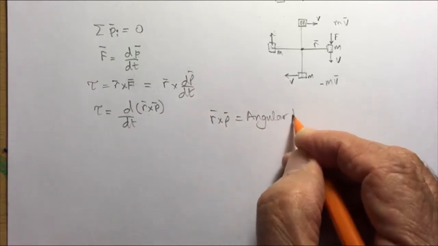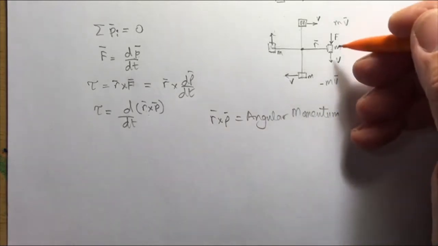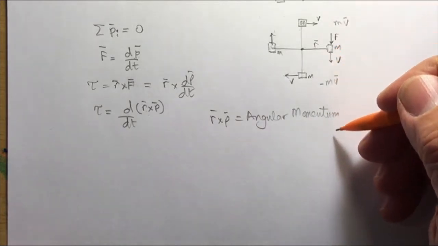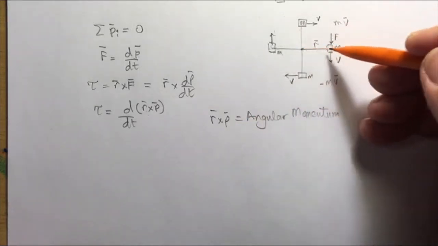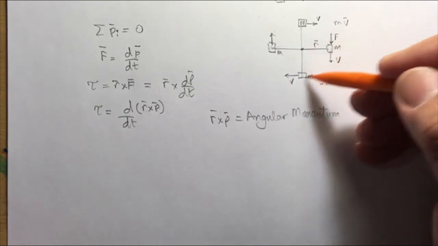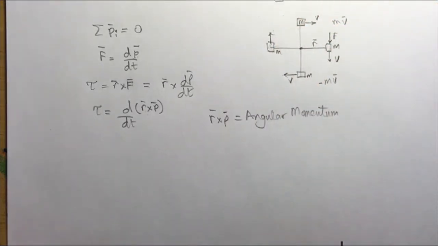R cross p is called angular momentum. The linear momentum is for when an object is just moving in a straight line, and angular momentum is that linear momentum crossed with an r, and it's mostly used for spinning objects.